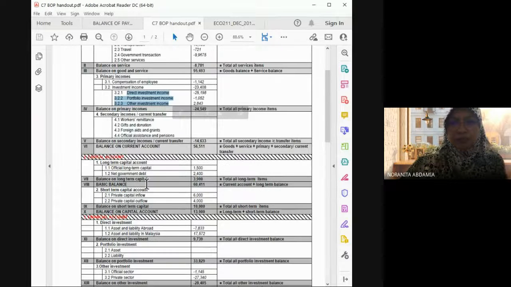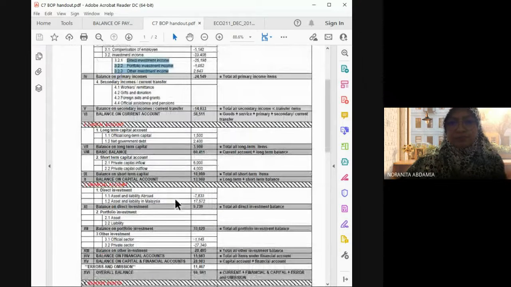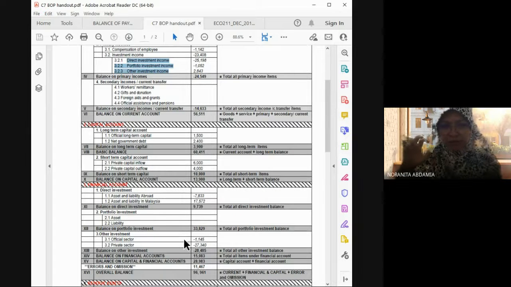Can you see the difference? This one and this one. Ada sama tapi tak serupa. Who can detect? Who has the sharp eye? If you can tell me, that means you are very sharp and very focused.